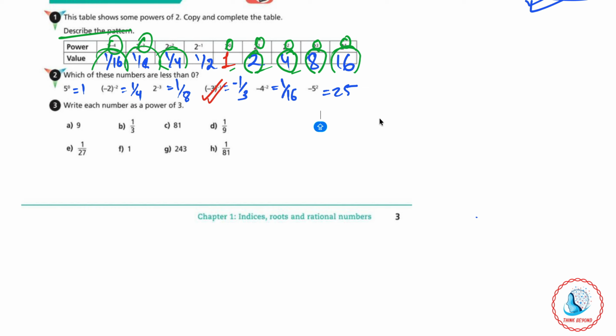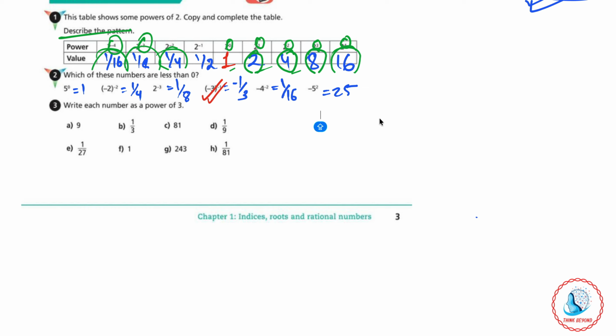Now for question F, 1. You can write 3 raised to power 0. Any number raised to power 0 is 1. Now for question G, it says 243. So you can write 3 times 3 times 3 times 3 times 3. 5 times 3, you will get 243.